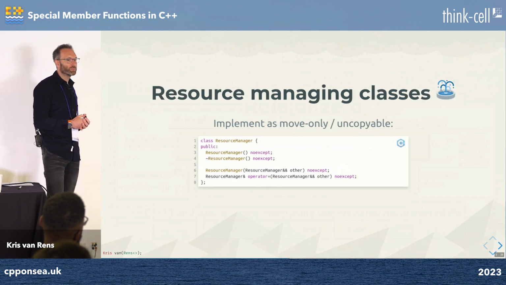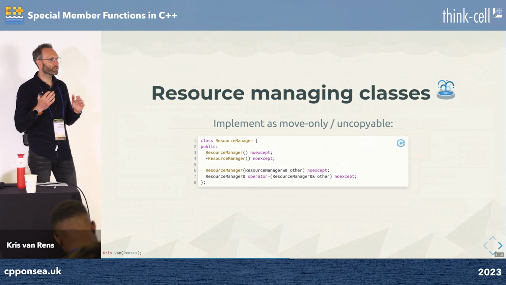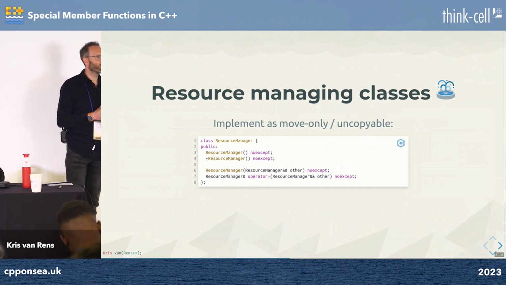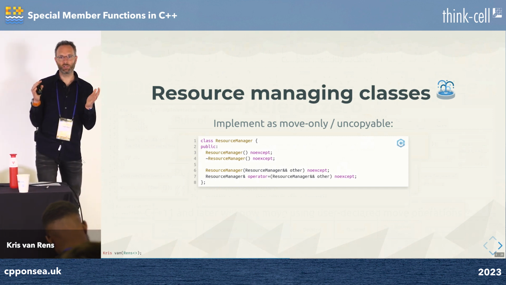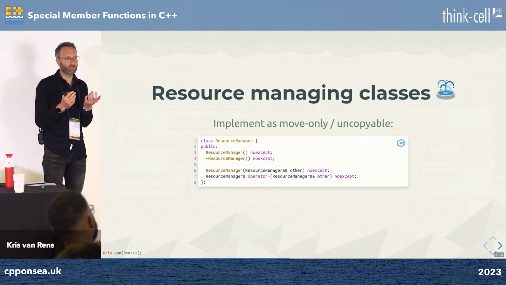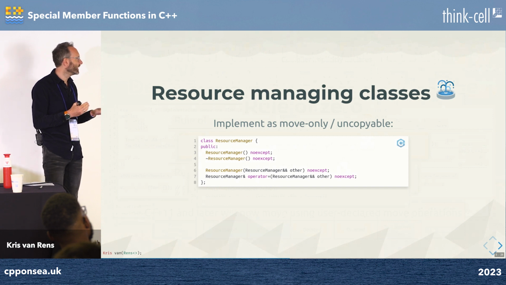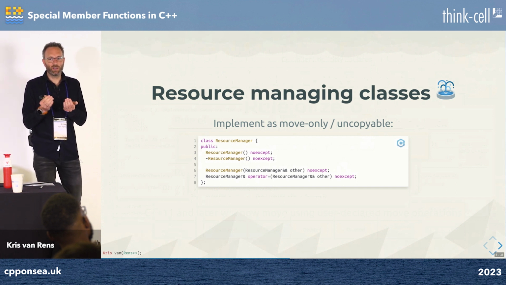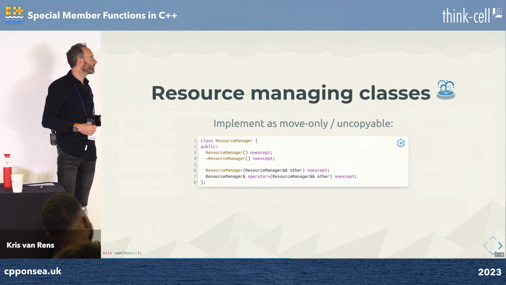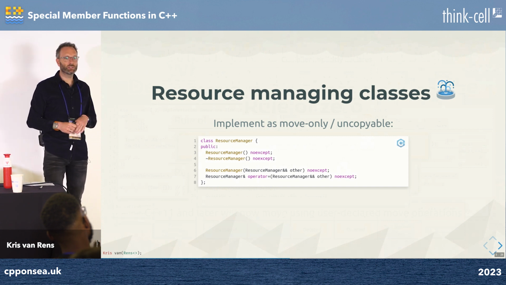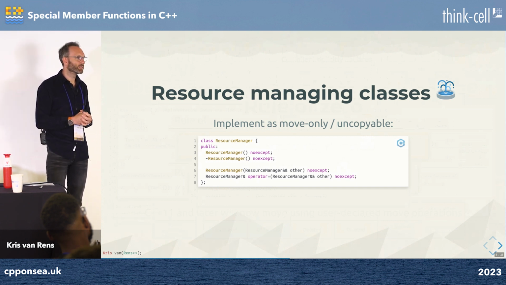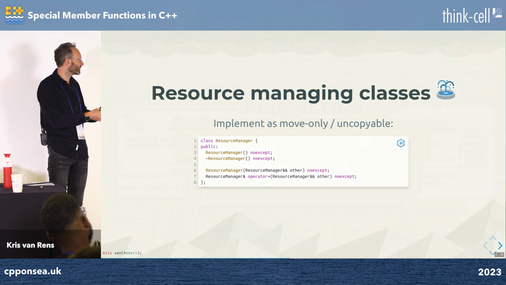Then we have the resource managing classes. This category is a bit vague perhaps, but what I mean is we have some resource, and most of the time it's something like hardware, like a GPU or a memory-mapped hardware device, of which there's only one, and we're defining a handle to this resource. It doesn't make sense to copy it because there's only one physical resource.